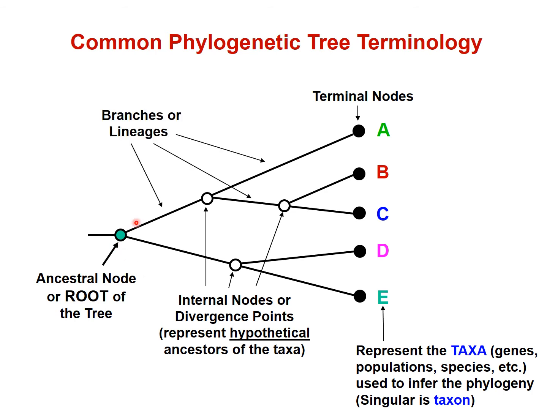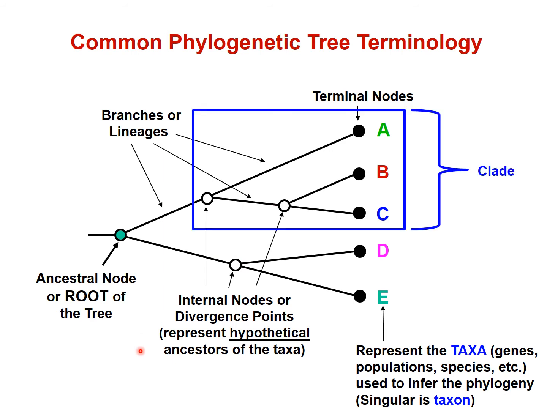These are called branches, all these lines here, how the tree branches. Now, we can divide these branches up into clades. So here's one clade of A, B, and C. This is also a clade of B and C, which is internal to this clade of 3. D and E also form a clade. And if you want to look at it, all of these can form a clade, depending on how you look at this.